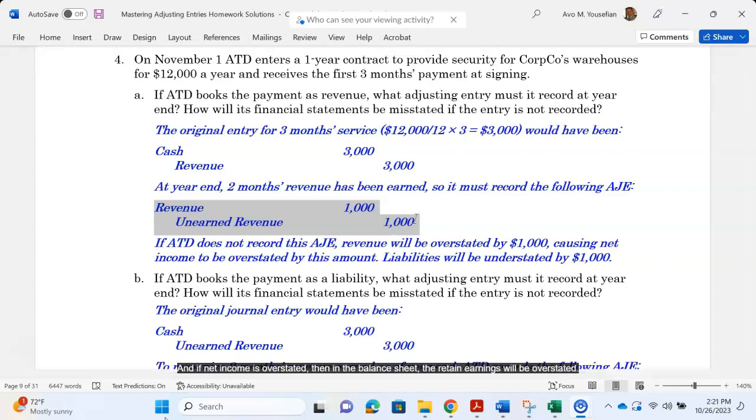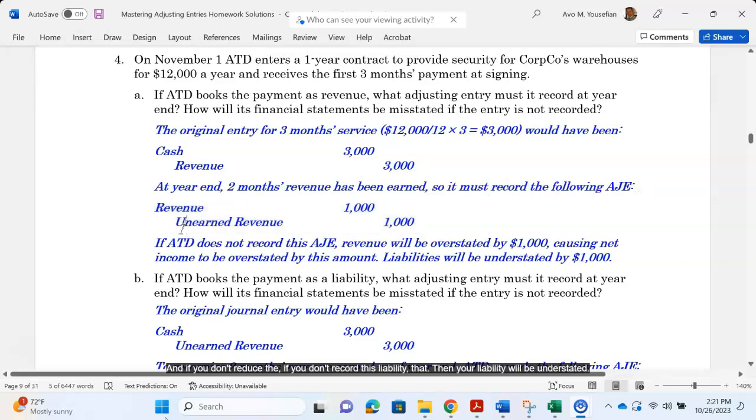And if net income is overstated, then in the balance sheet, the retained earning will be overstated. Make sense? And if the retained earning is overstated, something else should be understated in the liability, let's say. And if you don't record this liability, then your liability will be understated.